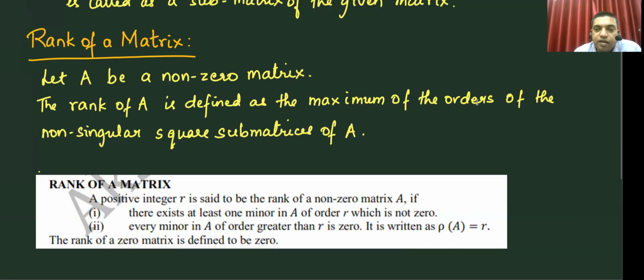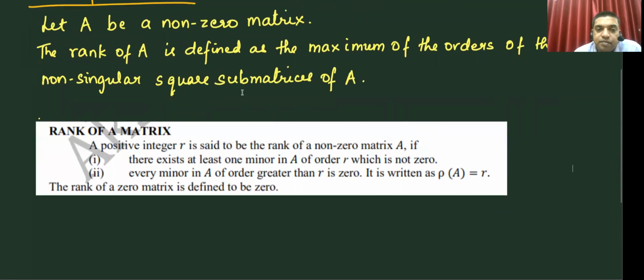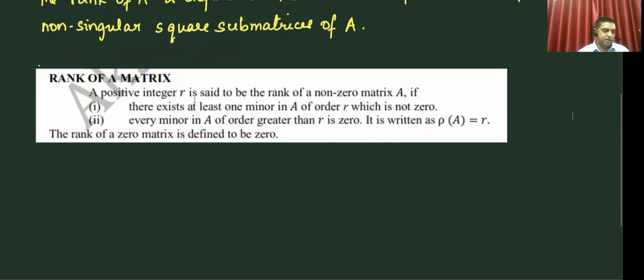So if a minor of order 2 is non-zero, and all the minors of order 3 are zeros, then the rank is 2. We'll take an example. With an example only it will be clear.